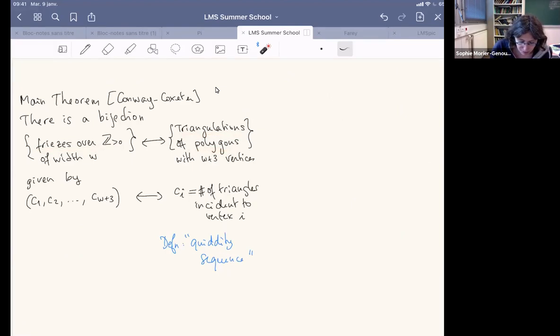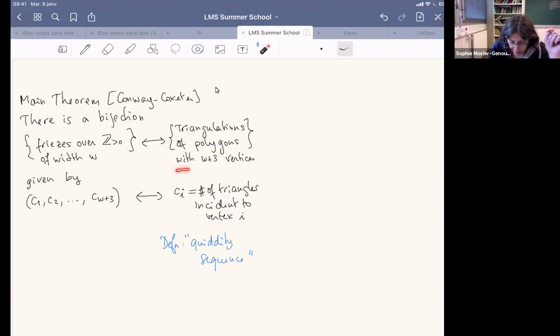Given a frieze, we already know that friezes are periodic, so you just look at the first row, you take a cycle on the first row, and you should be able to find a triangulated polygon so that these numbers count the triangles at each vertex.